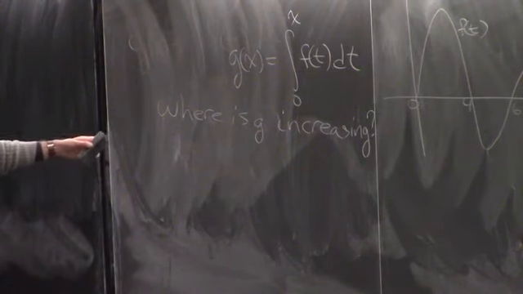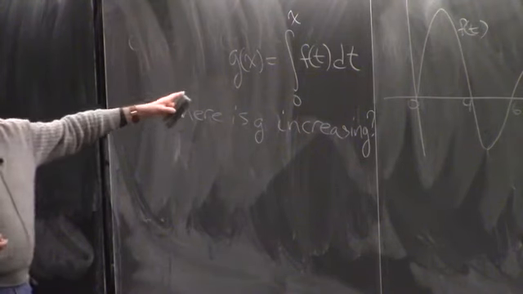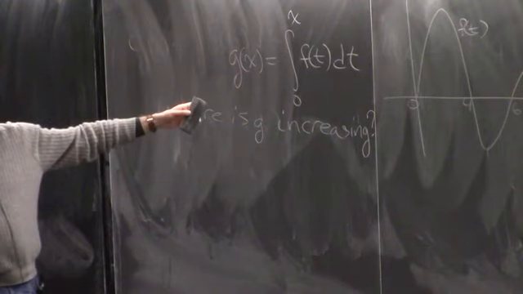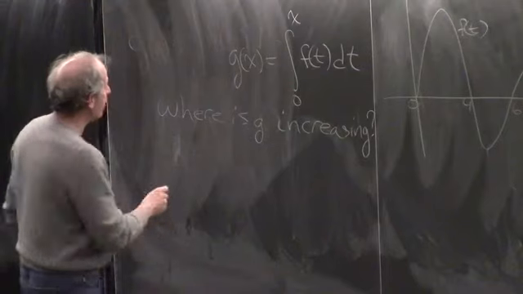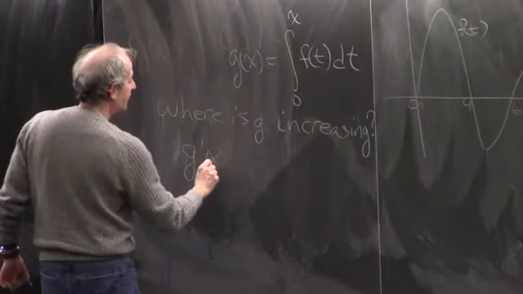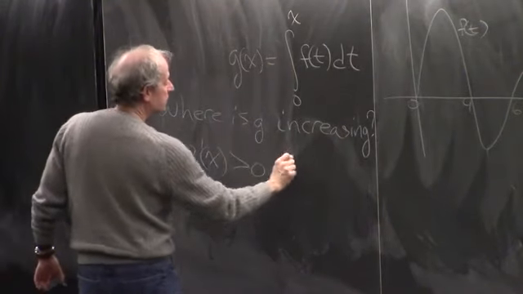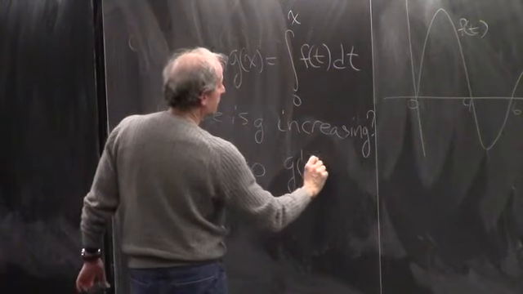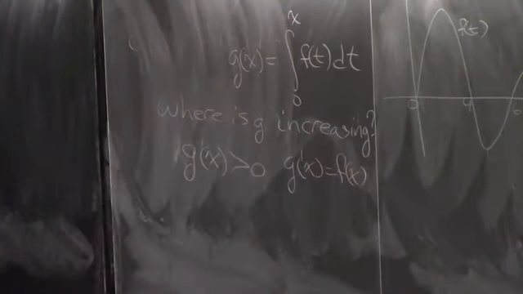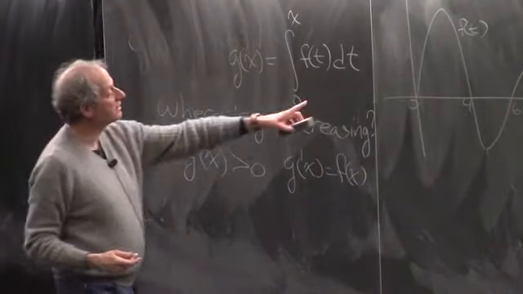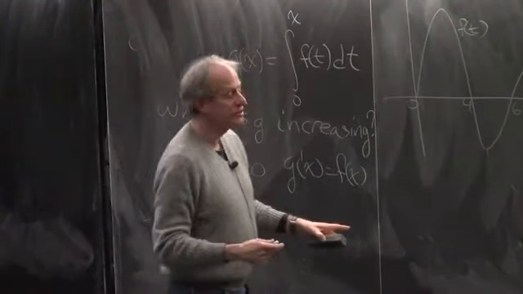Where is g increasing? Remember from last semester, g is increasing when g prime is positive. And what is g prime of x? G prime of x is f of x. So wherever f of x is positive, g is increasing.